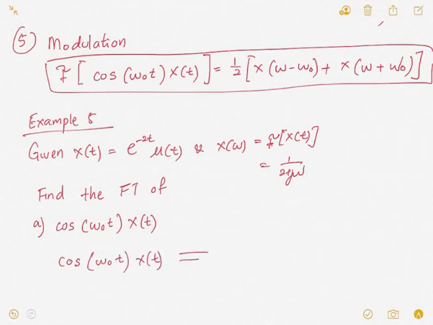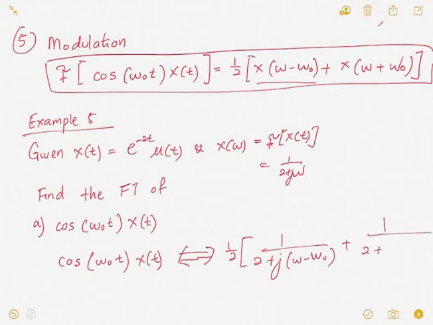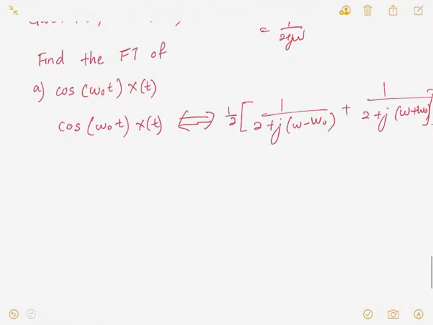Based on the formula, it is half of X(omega), which is 1 over 2 plus j omega, so 1 over 2 plus j (omega minus omega naught) plus 1 over 2 plus j (omega plus omega naught). Okay, is it simple? Now we go to another example again.